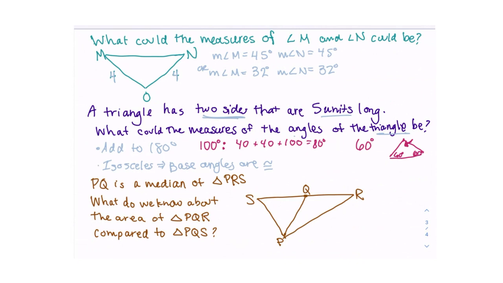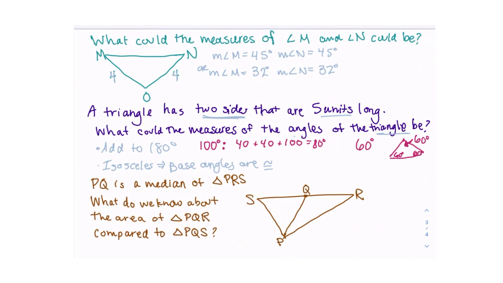Sixty plus 60 is 120, and 120 plus what equals 180? It would also have to be 60, right? Oh, I guess actually that's the only thing with 60 degrees, right?